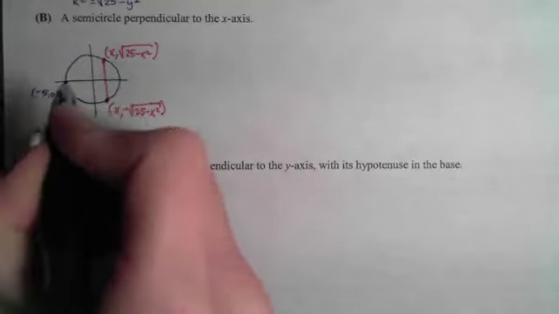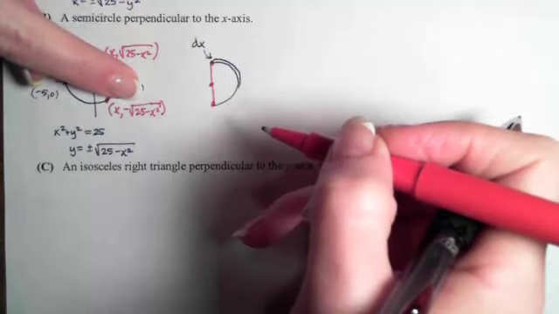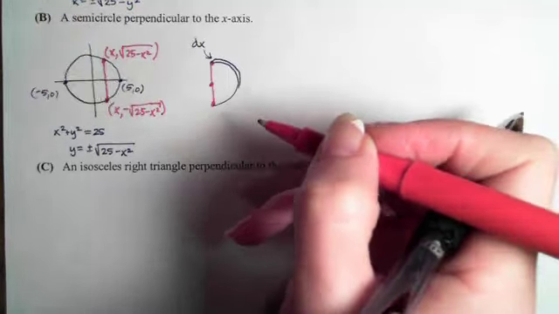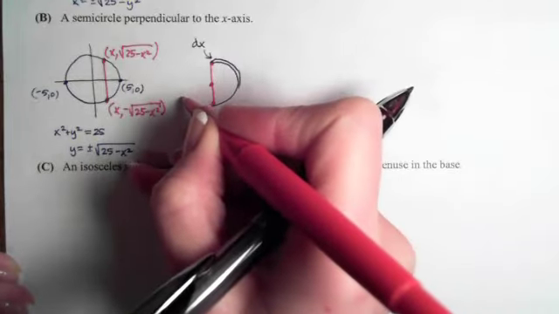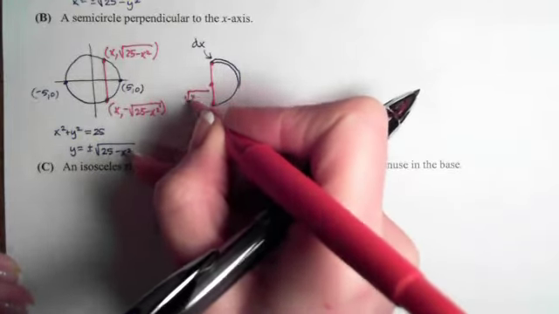The length of this strip is the root of 25 minus x squared minus the negative root of 25 minus x squared. So I end up with 2 of those roots, which will be the entire diameter. That means the radius is going to be 1 of those roots. So I'm going to label just the radius on this, so I don't inadvertently use the wrong thing.